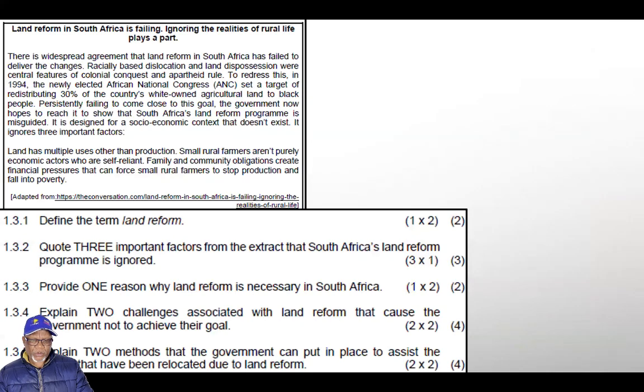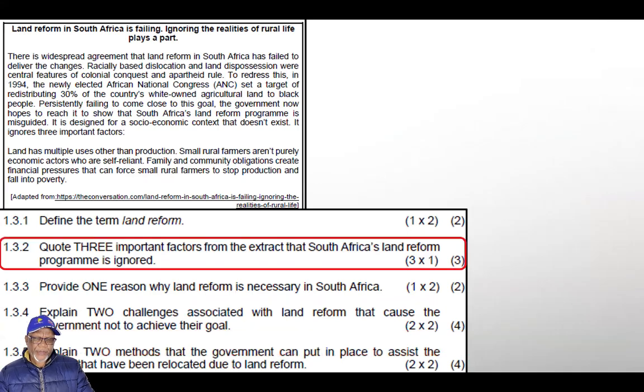Then let's quickly go through the questions that want us to answer on land reform. The first question there is define the term land reform. We know land reform is policies. What are these policies doing? They are redressing, they are correcting the injustices of apartheid. So we call them land reform.